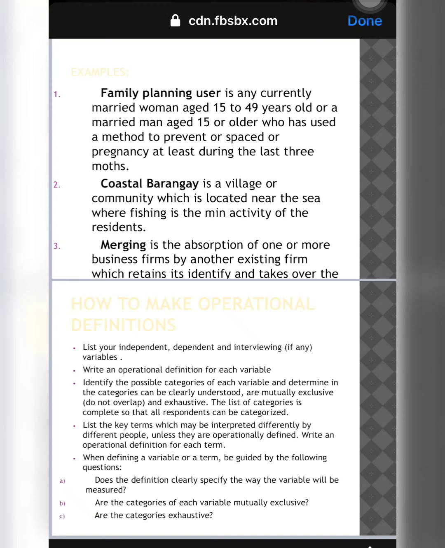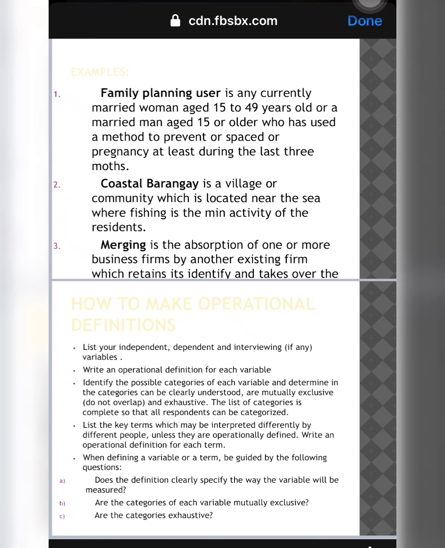So, fourth, list the key terms which may be interpreted differently by different people unless they are operationally defined. Write an operational definition for each term.